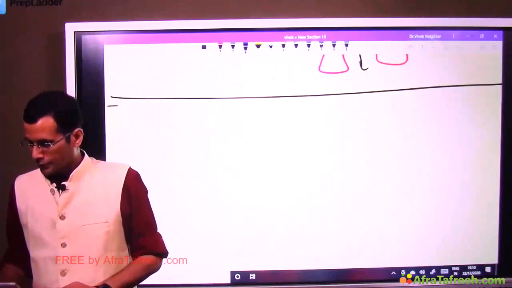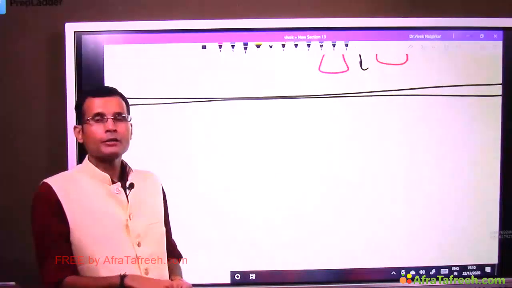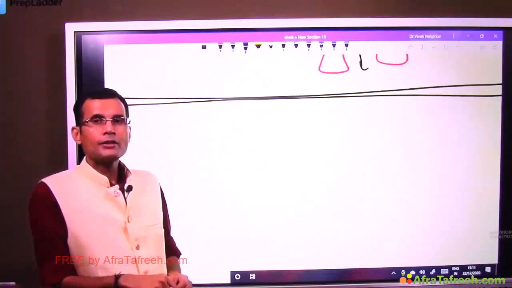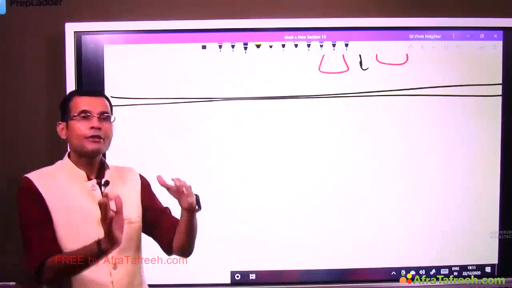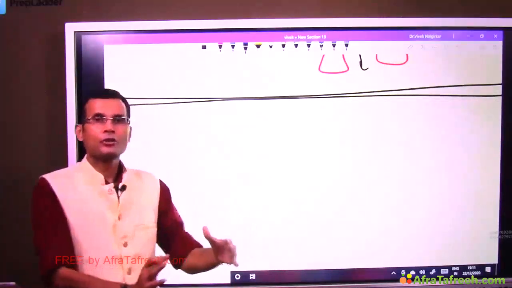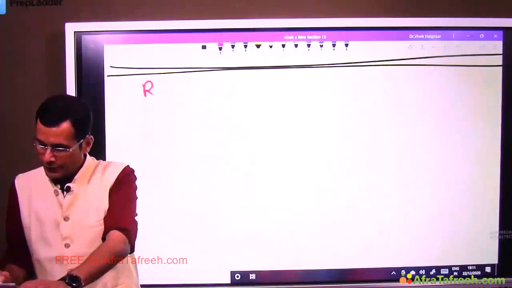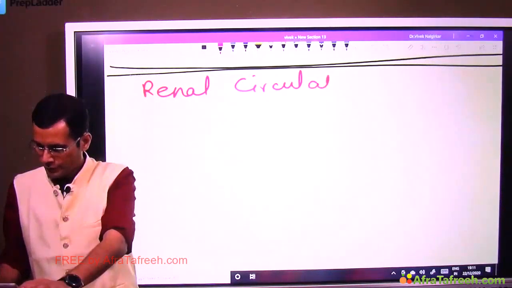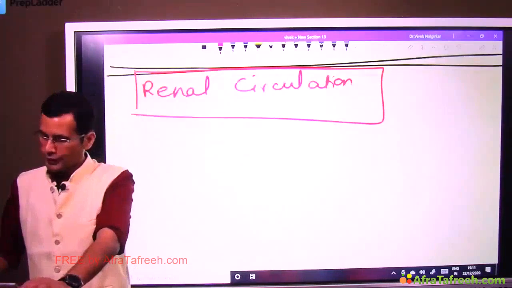Right. So that was the introductory part related to the nephron. Now the next part is we will see the renal circulation, and that will finish our first section of the kidney discussion. Let's see the renal circulation. I'm not going to describe the anatomy of it.